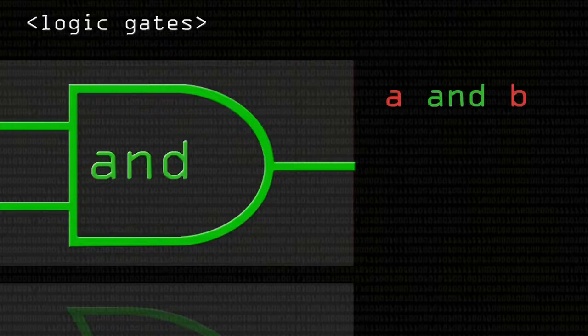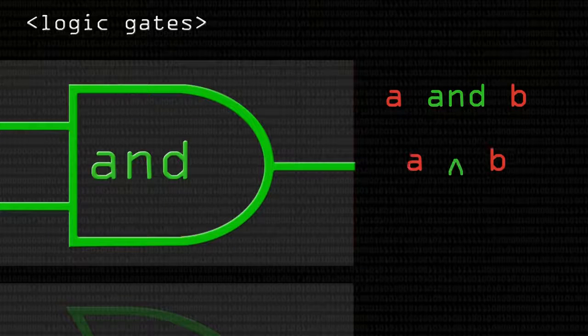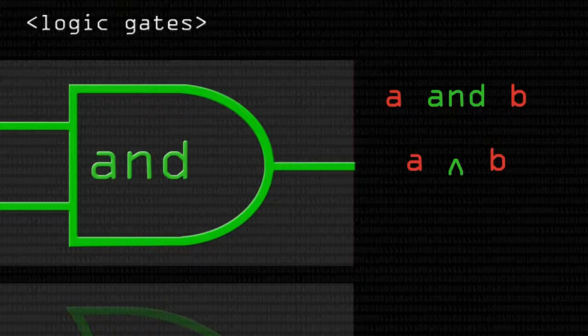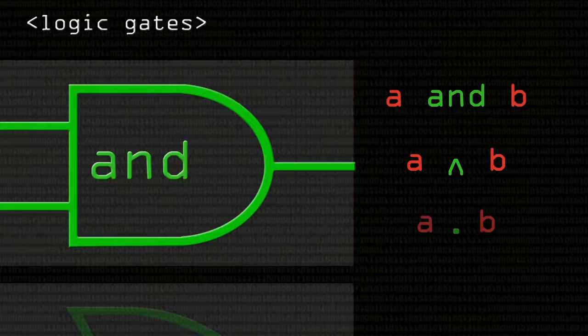You could write it as A AND B. Sometimes if you look in logic textbooks, you'll find that they use a thing looking like a little spike on the baseline. That is the mathematical logician's favoured way of saying AND, but it's the same thing as writing A AND B. Very occasionally you'll also see A dot B.